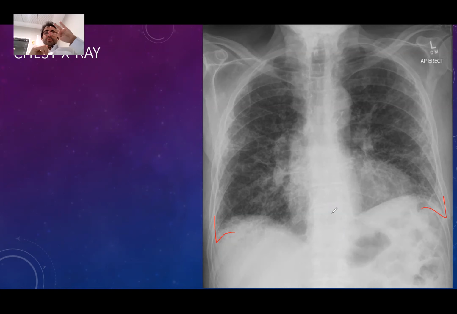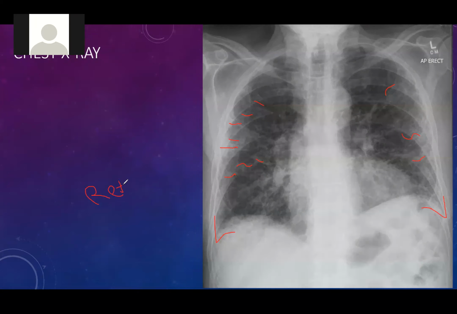There are different opacities. Airspace opacities. So these are more like lines, right? Not like clouds. So trabecular. Searching for the nodular. I think there's nodular also. No, it's mostly reticular, I think, mostly reticular.